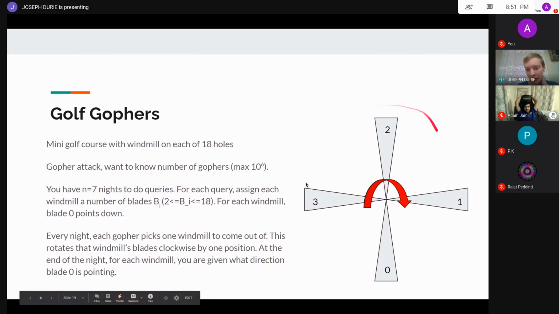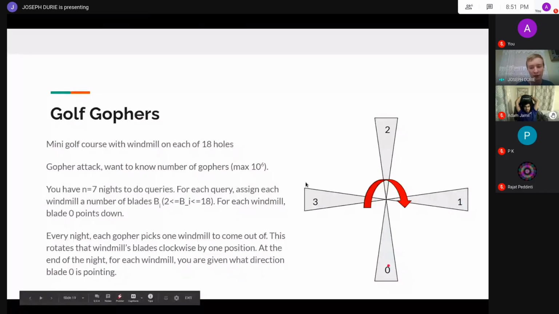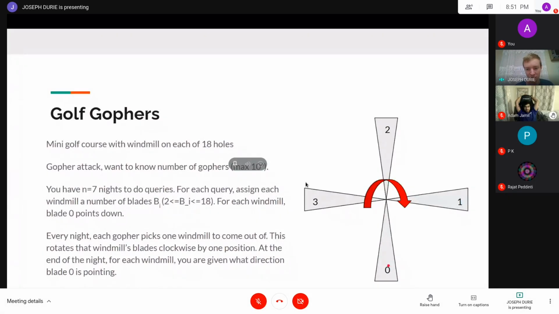So like, let's say you had a windmill with 4 blades like we have here. If one gopher came through, then blade 1 would be pointing down. If 2 came through, then blade 2 would be pointing down. If 3 came through, 3 would be pointing down. But then if 4 came through, 0 would be pointing down again. So basically for every windmill, you get the number of gophers that pass through it mod the number of blades.